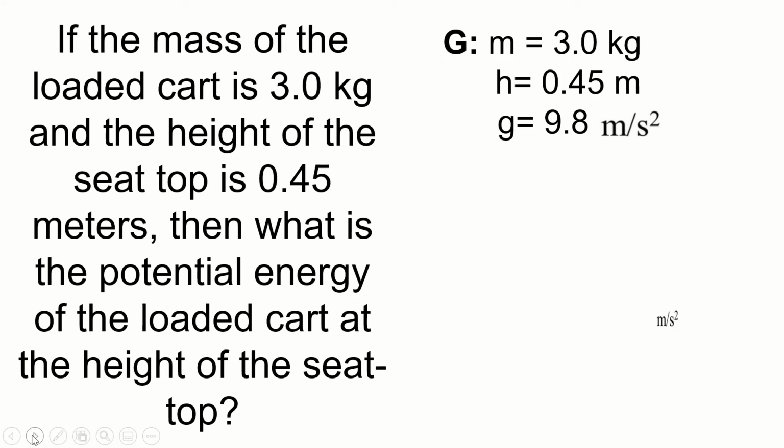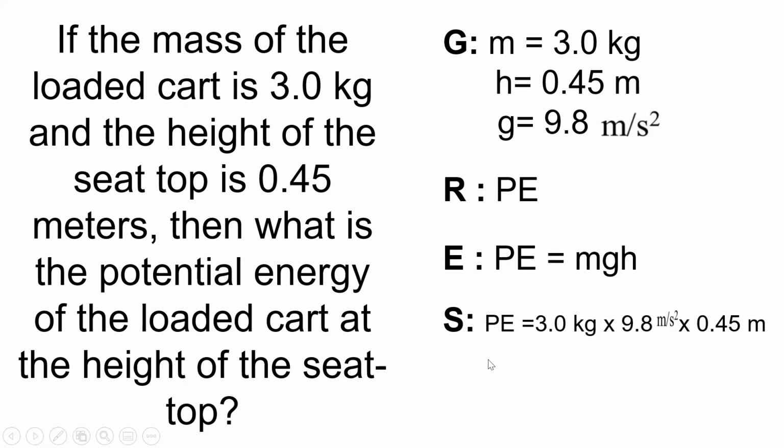What is required here? Ano ang kailangan nating isolve? Kailangan nating kumputin ang potential energy. Para makuha ang value ng potential energy, gagamitin natin ang equation or formula na PE is equal to mgh, wherein potential energy is equal to mass times acceleration due to gravity times height.